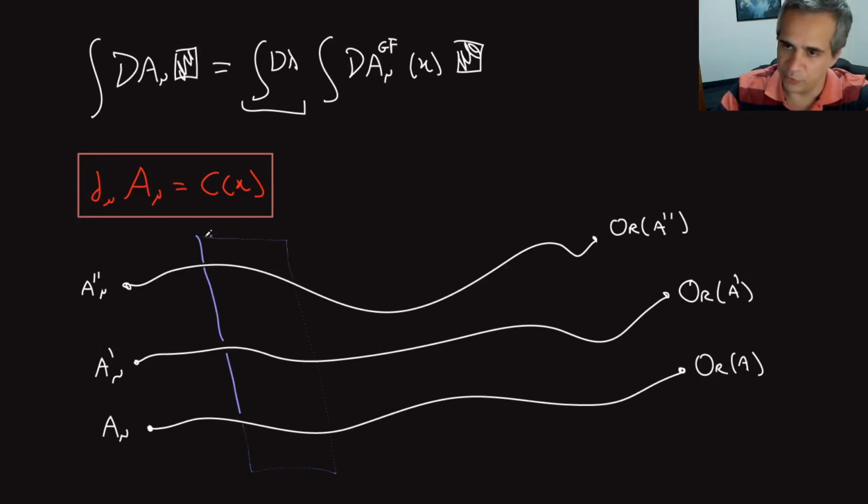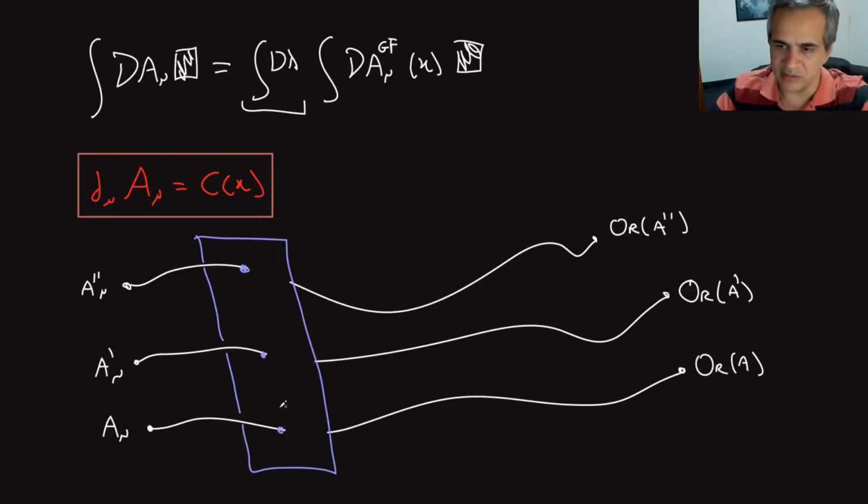Let me try to draw this. That only crosses each of these orbits once, right? So it selects just one field for each of these orbits, right? This is a good gauge fixing condition. Let's call this gauge fixing 1, right?